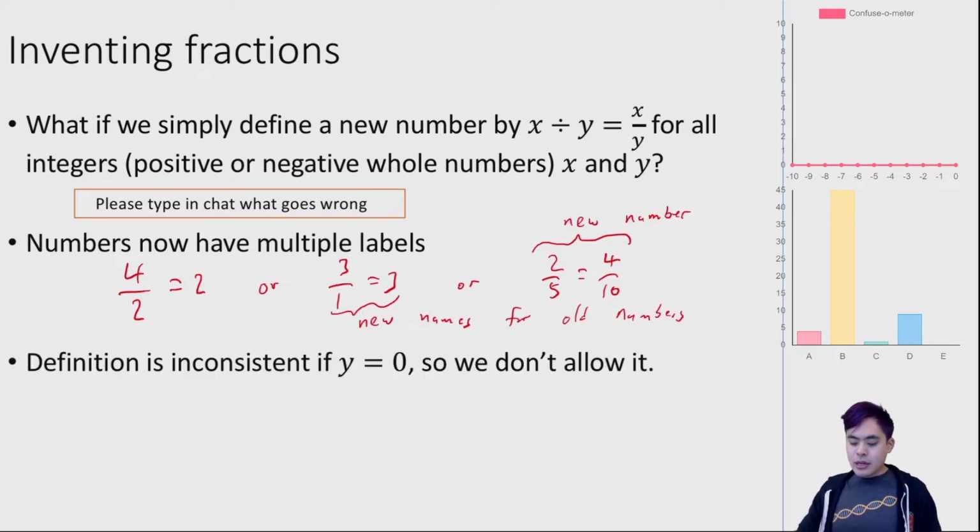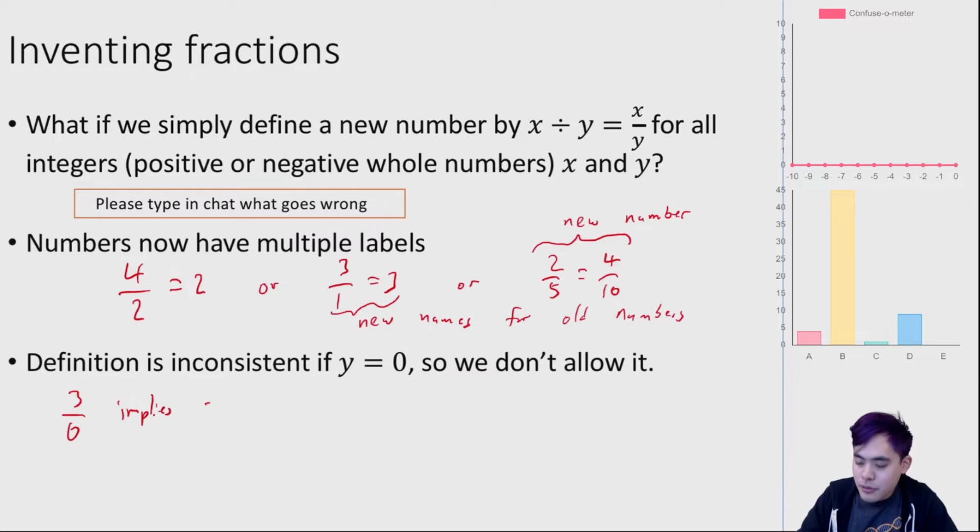The other part, which was also mentioned, is that the definition is inconsistent if y is equal to 0. So we don't allow it. Suppose that we allowed 3 over 0 to be a number. Well, that would imply that 3 divided by 0 is equal to 3 over 0, where that's the name of the number.